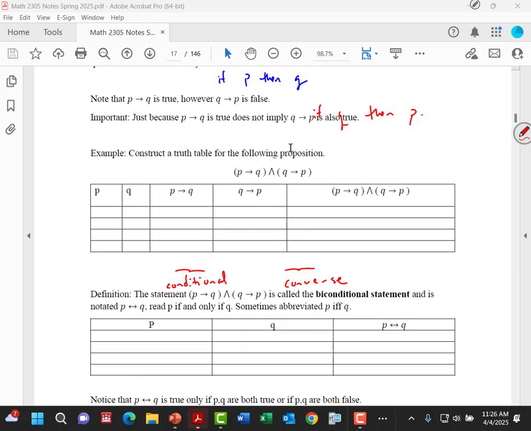So let us now construct a table for this proposition.